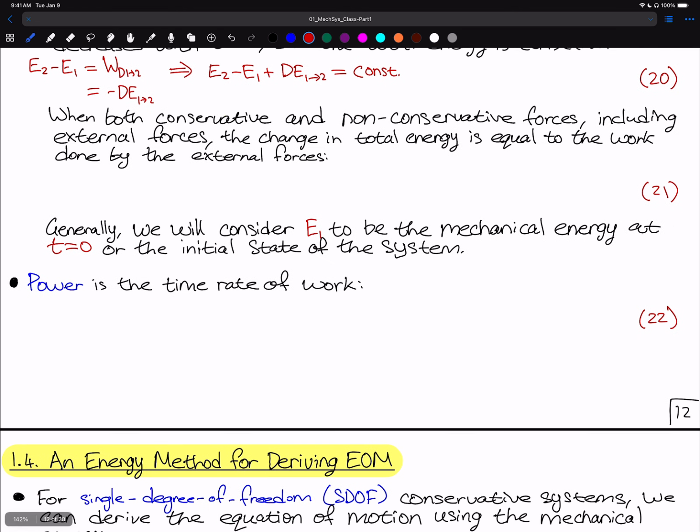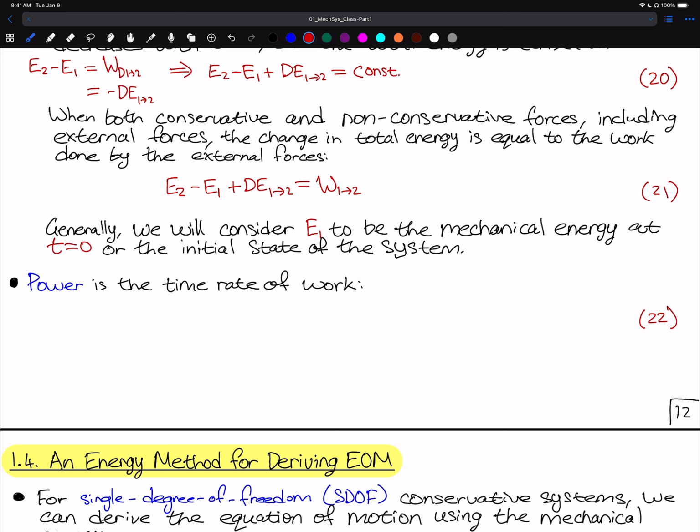So in this case, we'll say here that E2, mechanical energy at time 2, minus mechanical energy at time 1, plus that dissipated energy from 1 to 2, will be equal to the work done by any external forces from 1 to 2. Generally, we're going to consider E1, the mechanical energy at time 1, to be the mechanical energy at t equals 0, and this will be the initial state of the system.